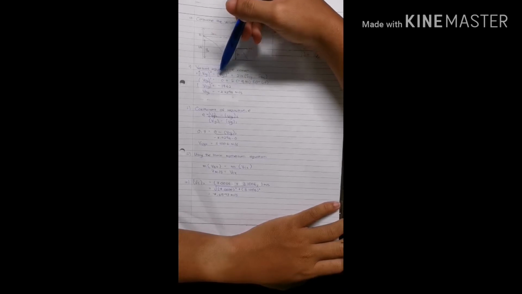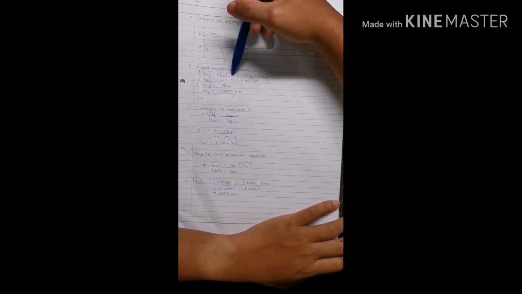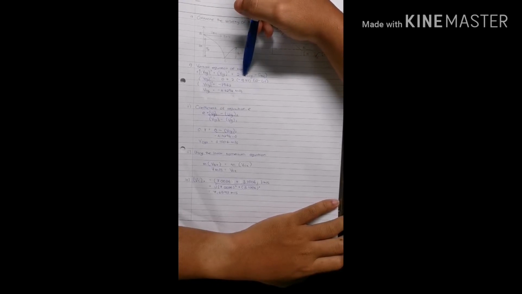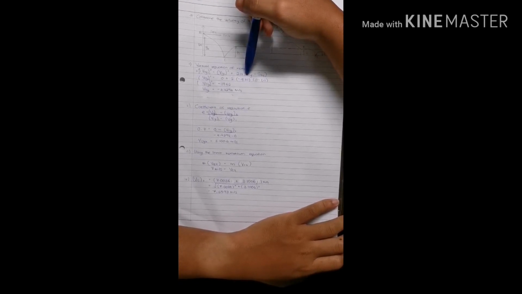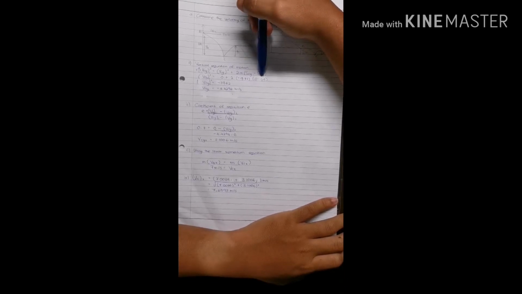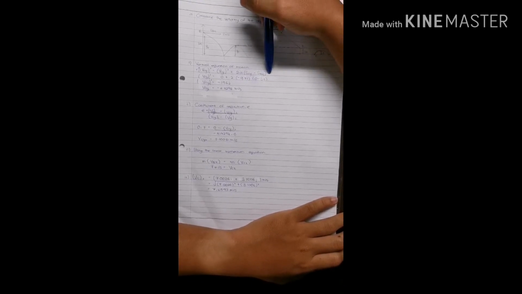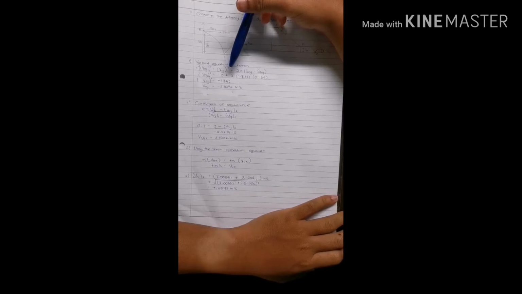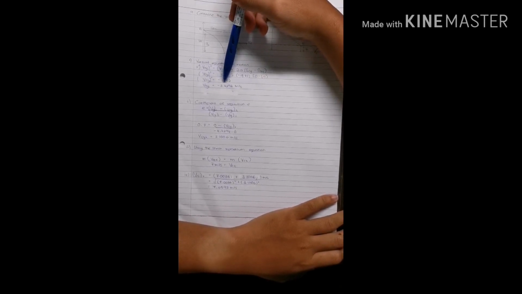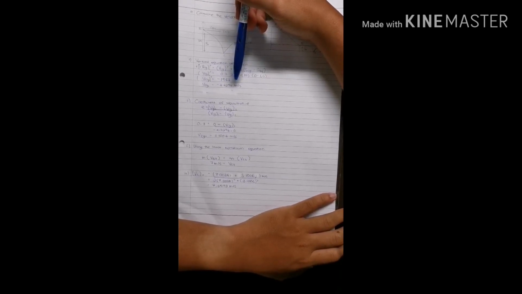VCY1 squared equal to 0 plus 2 multiplied by negative 9.81 multiplied by 0 minus negative 1. So the answer for VCY1 is negative 4.4294 meters per second.